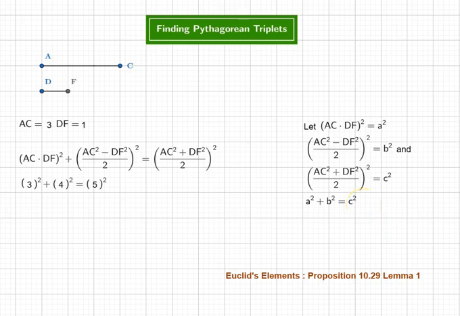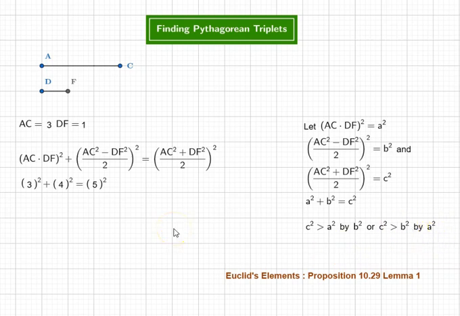The way Euclid uses this is by saying C square is greater than A square by B square, or C square is greater than B square by A square. Book 10 of Euclid's Elements is full of this statement.